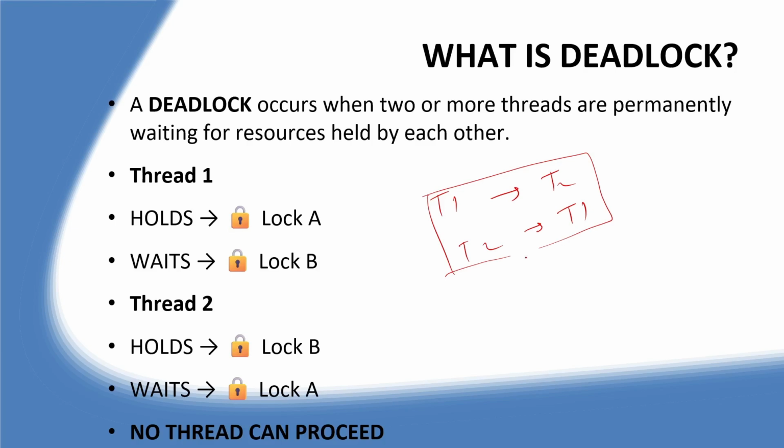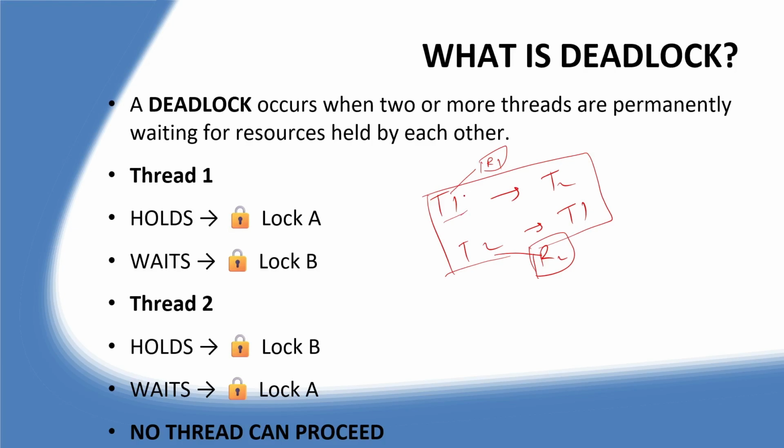Let's say T1 is using some resource R1 and T2 is using resource R2. Now T2 wants to use the resource R1, but currently that is captured by T1. So T2 will wait until T1 finishes.